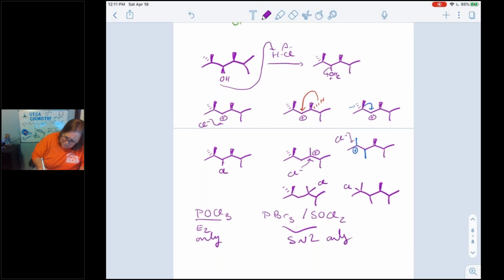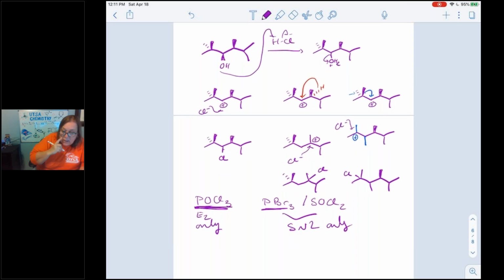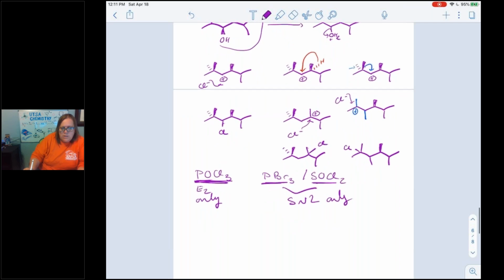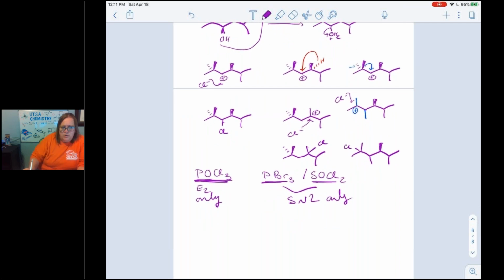So POCl3 is an eliminating agent, PBr3 is a brominating agent, and thionyl chloride is a chlorinating agent. These will allow me to turn my hydroxy group into a good leaving group, but I don't have to worry about any rearrangements.